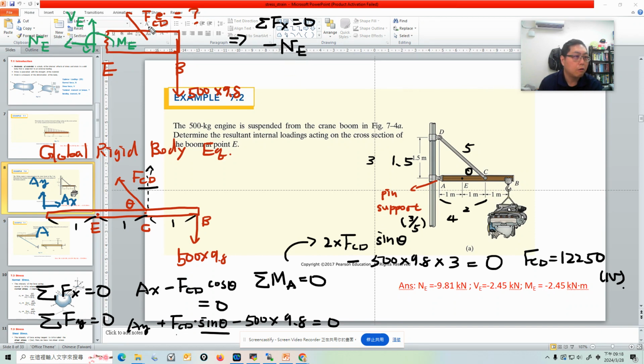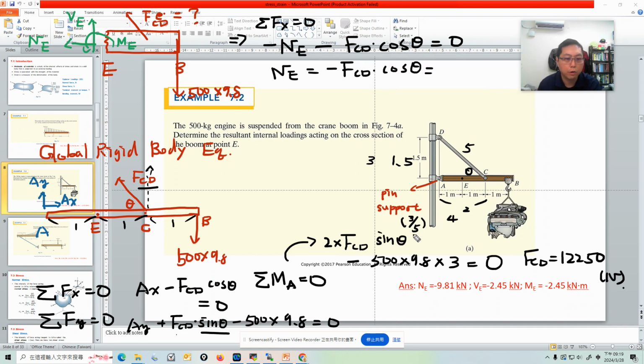And don't forget FCD has an x component, also pointing to the left, so it's negative: FCD times cosine theta equal to 0. Anything else? No other x component. So NE is equal to minus FCD times cosine theta.